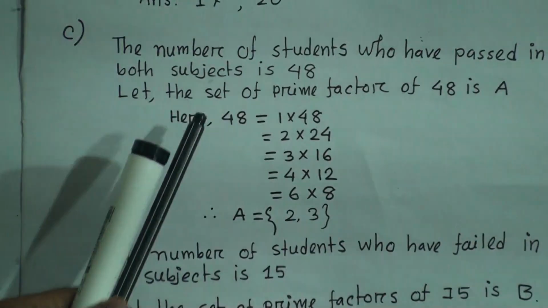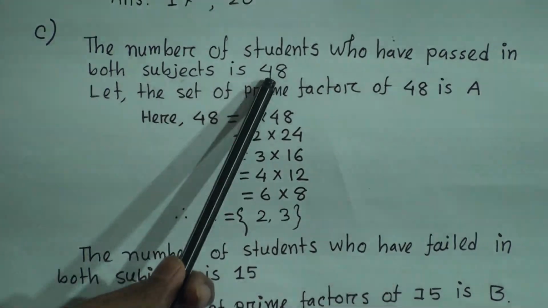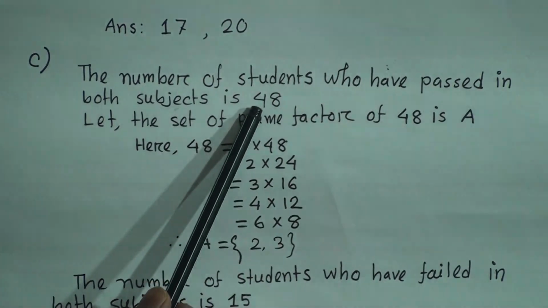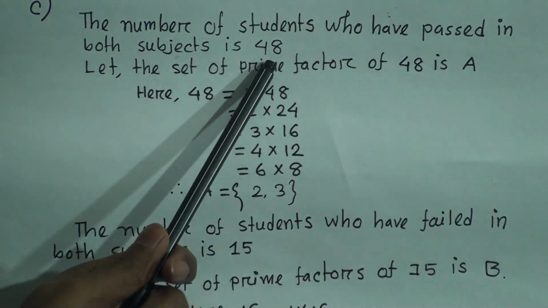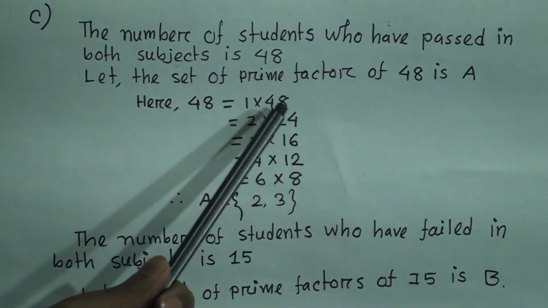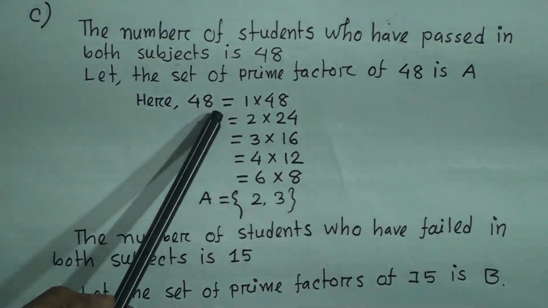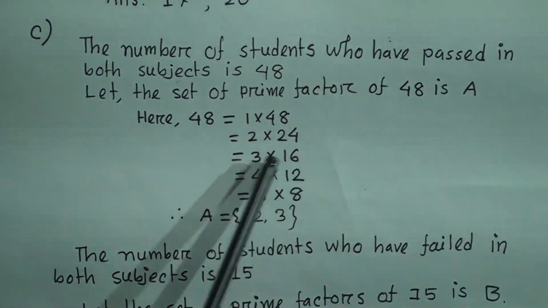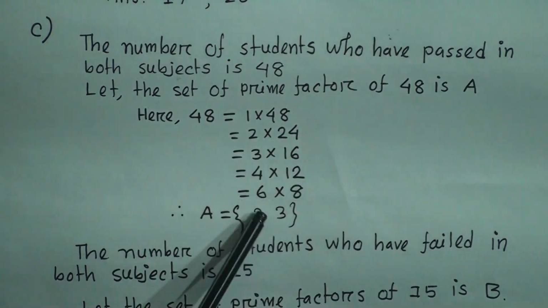The number of students who have passed in both subjects is 48. Let the set of prime factors of 48 be A. Here 48 equals 1 into 48, then 2 into 24, then 3 into 16, 4 into 12, 6 into 8.